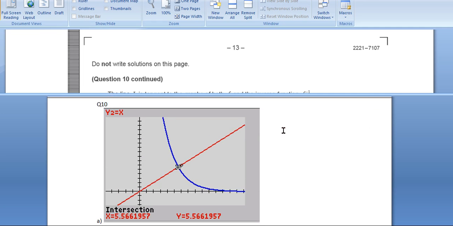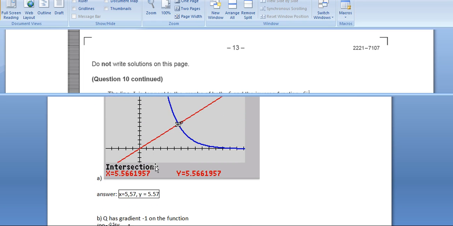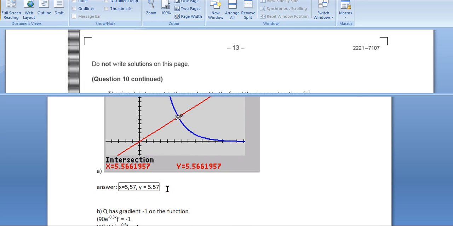First of all, we find the intersection of the function y equals x and our function. We keep three significant figures. Coordinates, don't forget to put also the y coordinate.